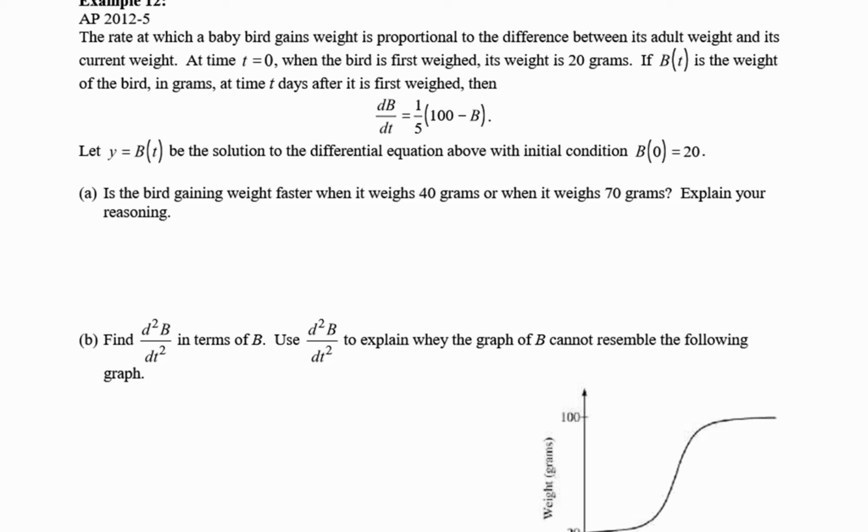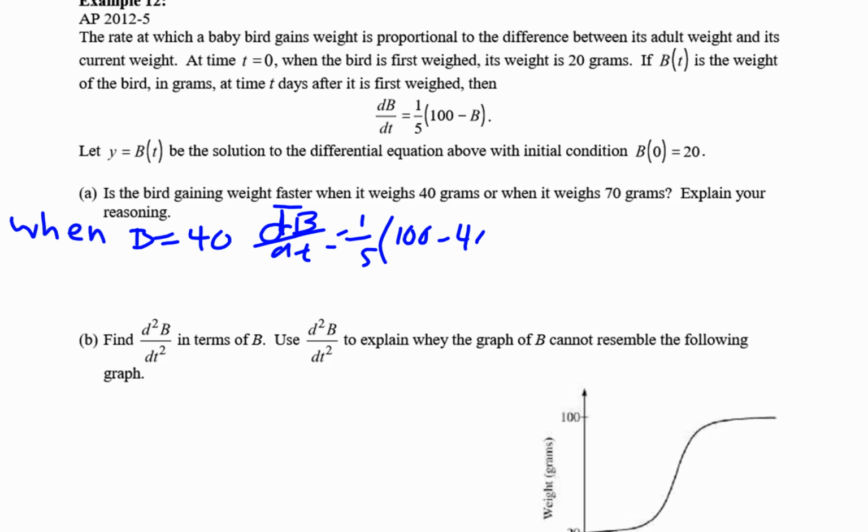So let's just read, is it gaining weight faster? So we know we're talking about rates. All right, so let's see, when B equals 40, our rate dB over dt equals 1/5 of 100 minus 40. So 60 over 5 equals 12.